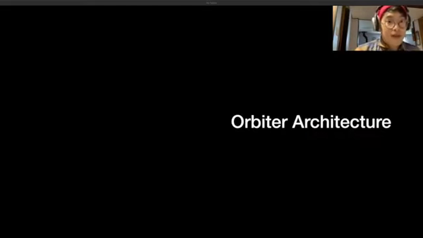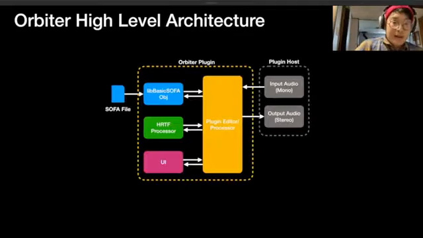So on to the good stuff. This slide shows the overall high-level architecture of the Orbiter plugin. We went through libbasicsofa already, and an instance of this lives in the plugin processor. Plugin processor and plugin editor are the two source files in JUCE that we manipulate to create our plugin.